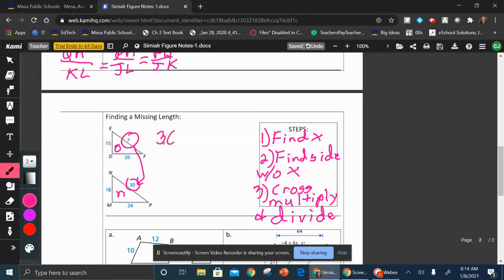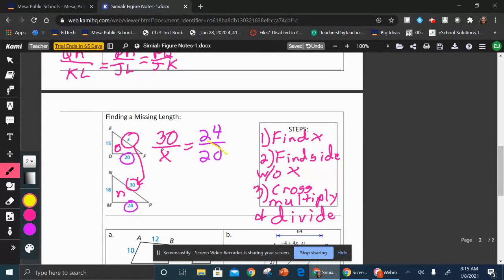Okay, so I'm going to put new over old, so 30 over X is equal to, I'm going to pick 15 and actually, let's do the other side. Okay, so let's do 20 and 24, so MP and DF. Okay, so we're going to do 24 over 20.